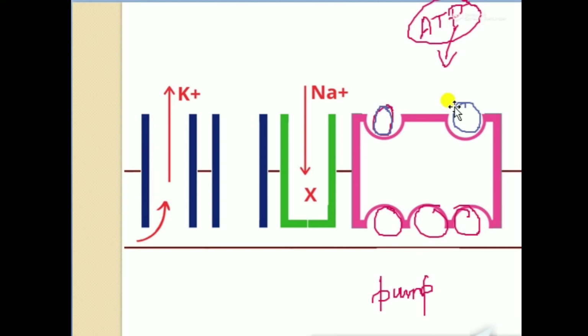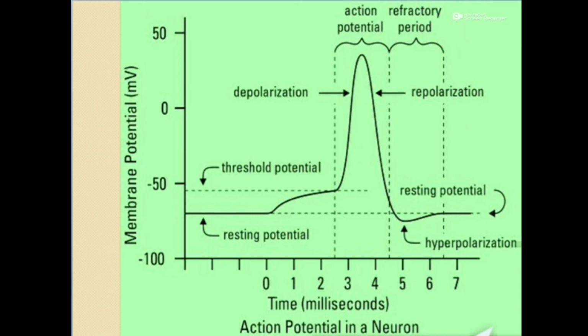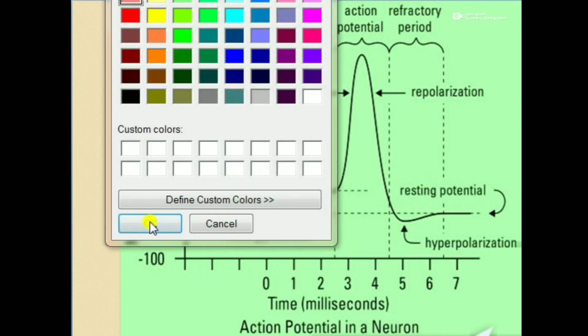Okay, if we put all our information in a graphical pattern, we can see that this is the minus 70 condition, the resting potential. This phase is known as resting potential. After they get information, they change from minus 70 to minus 60. This is all about the threshold level.